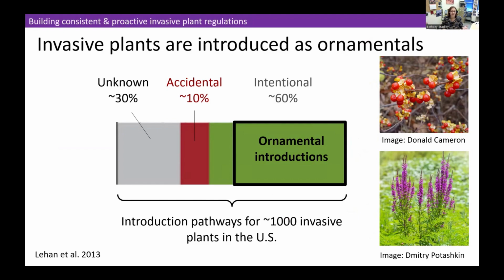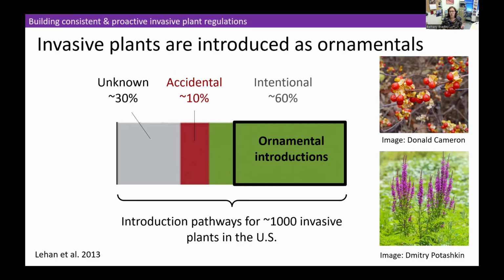This is just a graphic illustrating that from a survey of over 1,000 invasive plants in the US, 60% were intentionally introduced. And of those, the majority, amounting to more than 50% of overall invasive plants in the US, are ornamental introductions.